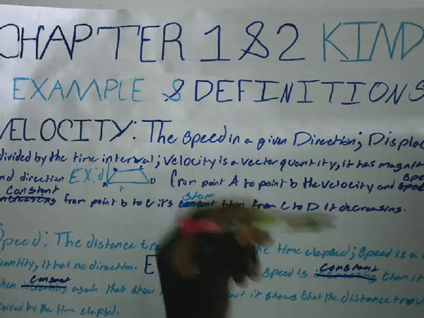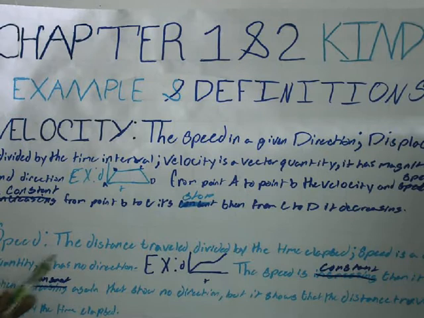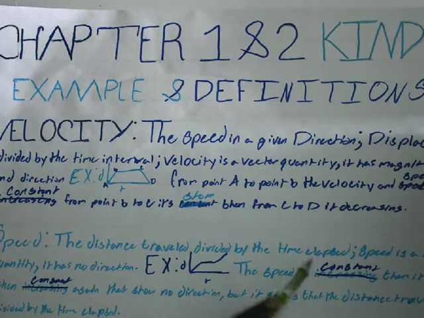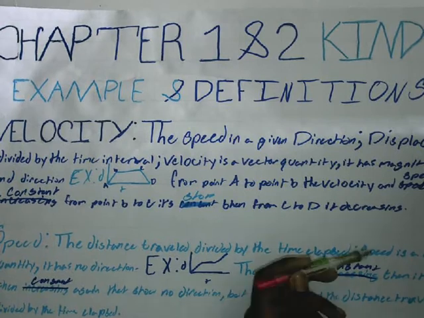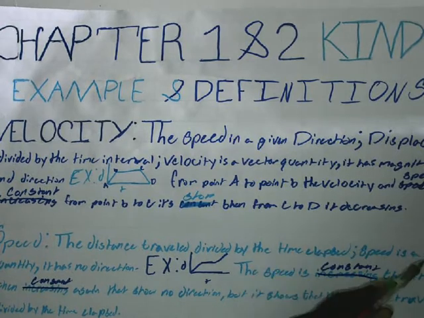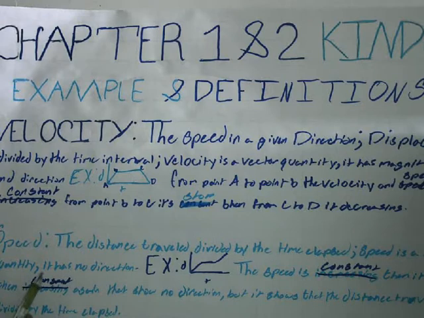The next one is speed. Also, you're going to be learning it in chapter 1. Speed definition is the distance traveled divided by the time elapsed. Speed is a scalar quantity. It has no direction.